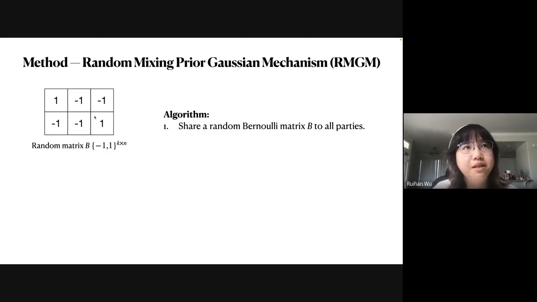Here is an example of a random matrix B. It's 2 by 3. N is the size of private data, and K is a hyperparameter that we want to choose for this algorithm, and we will decide it later.